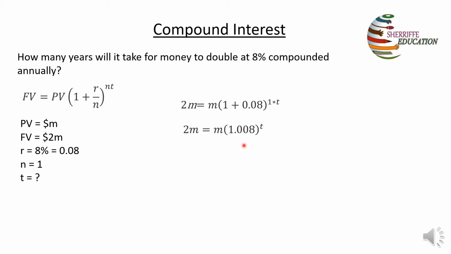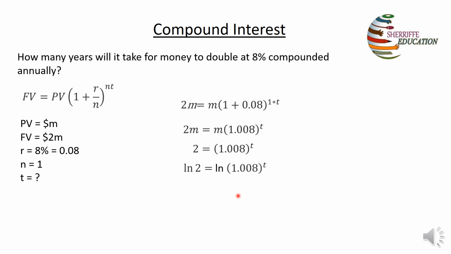We can now divide both sides by M, so that gives us 2 is equal to 1.008 raised to the T. And from experience, we know that the logarithmic function has the property that we can use to get this T out from the power, right? So what we will do now is we will take the natural logs of both sides.